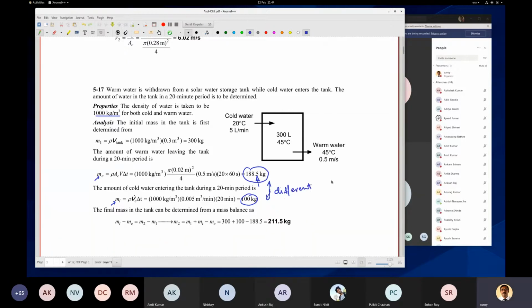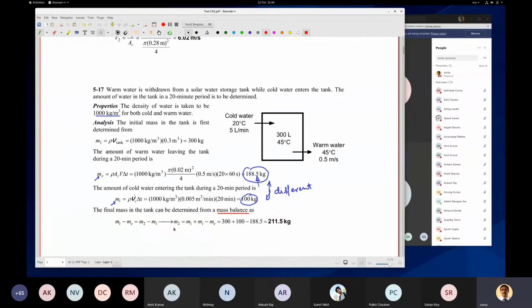So this is not steady state. So exit and inlet are different, right? So you have to do a mass balance.